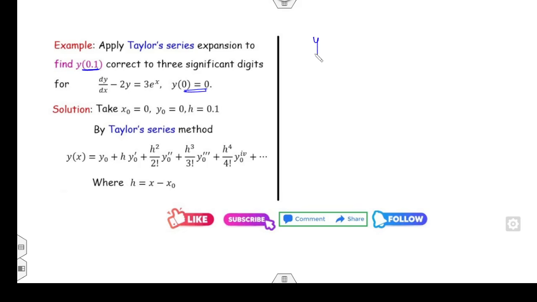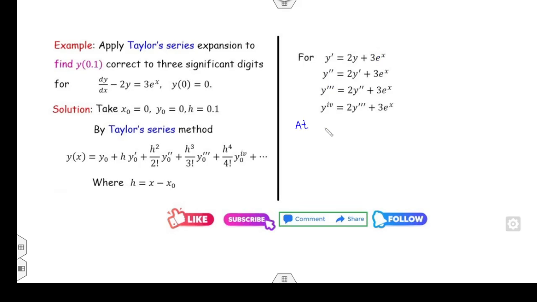Then we can start with the y prime. y prime is 2y plus 3 e raised to power x. What is the value of the second prime? 2y prime plus 3 e raised to power x. Find the third derivative: 2y double prime plus 3 e raised to power x and so on. You can calculate all these derivatives.